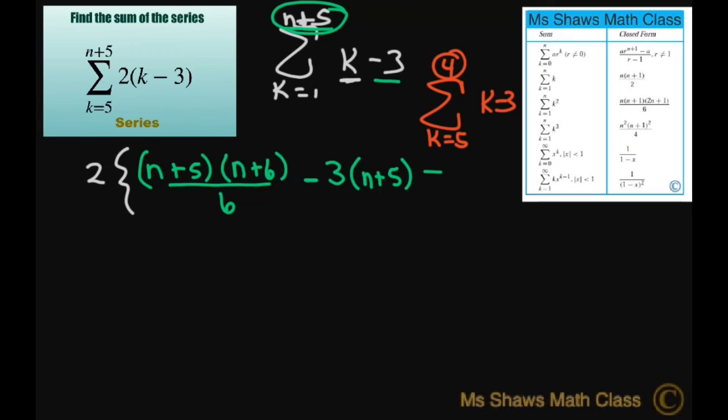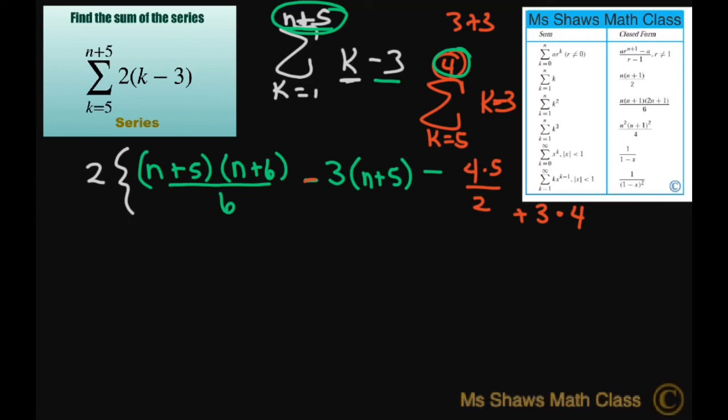So that's going to be 4 times 5 divided by 2. And then we had minus a negative 3. So it's going to end up being plus 3 times 4. So we're doing the 3 plus 3 four times. You're always looking at this top number here. All right, so let's simplify all this.